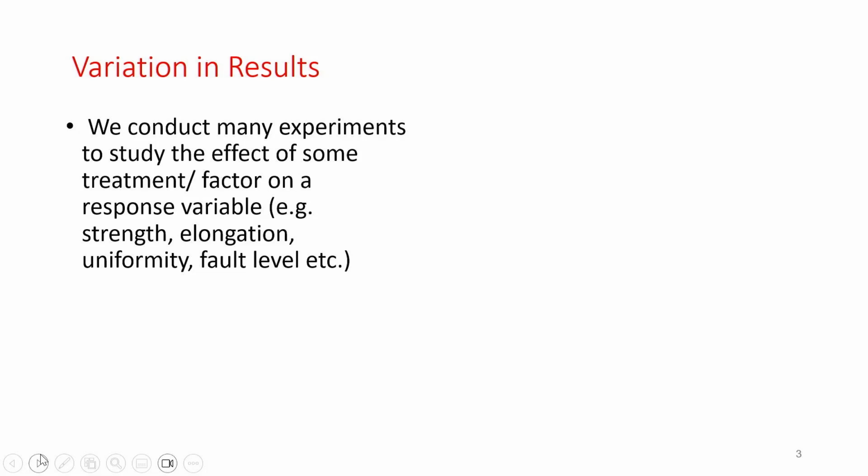Response variable could be the strength of yarn, uniformity of yarn, fall level in yarn or fabrics, or elongation of the yarn or fabric, whatever it is. These are my response variables, and we want to see the effect of some treatment or some factors. We might have changed some process parameters and used 3-4 different levels, and we want to check whether the uniformities or the fall level that you are getting in the yarns are really differing from each other or not.